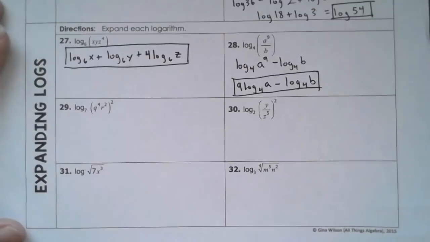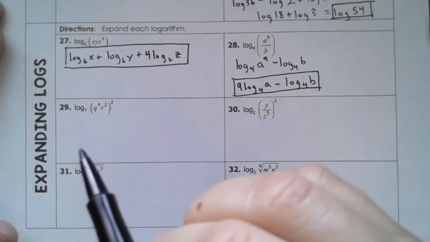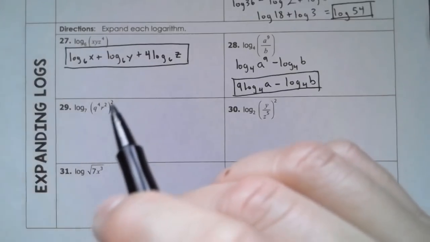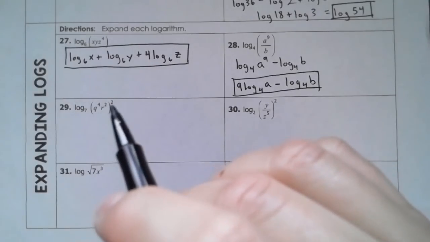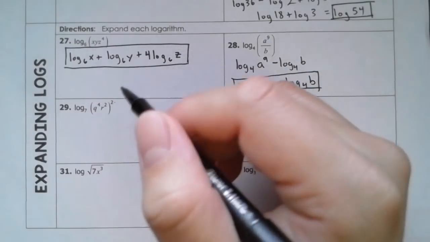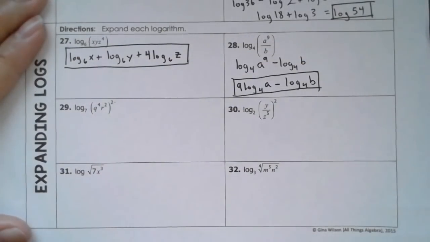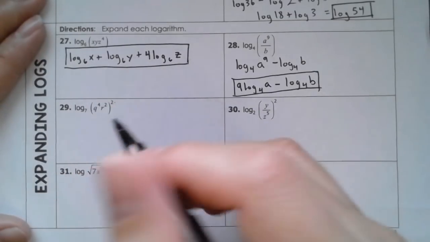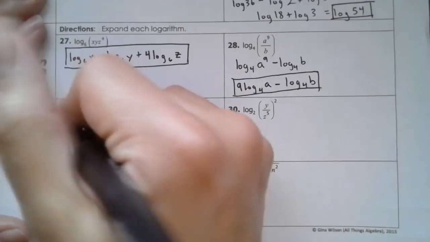Next one, I have log base 7 of q to the 4 times r squared, all that squared. So this time the exponent out here, the 2, applies to both. So multiple ways I could go about this. Maybe the best I can do is move it to the front.